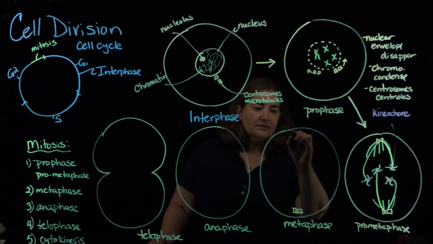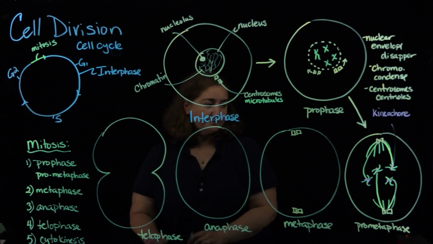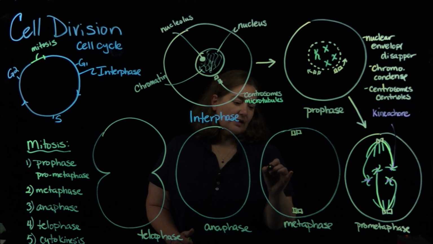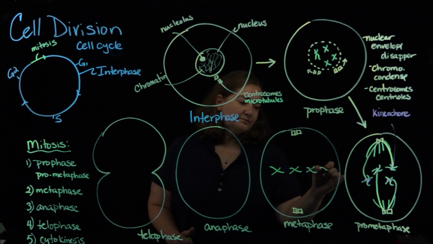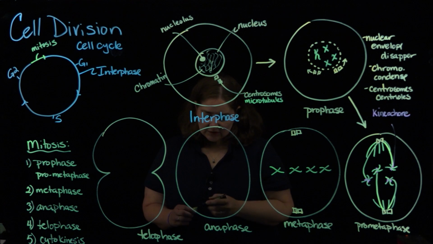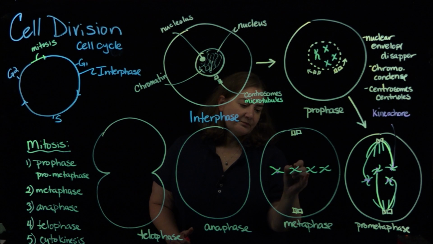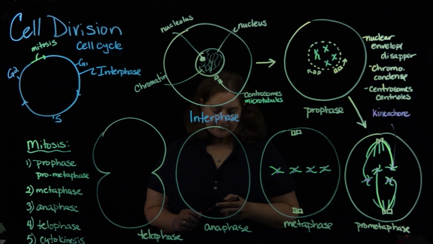With metaphase, we've got our centrioles again. Now what happens? Our chromosomes are going to line up in the middle of the cell. We've still got our kinetochores there in the middle with that bit of pink.